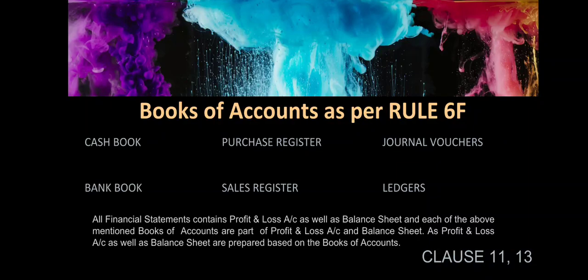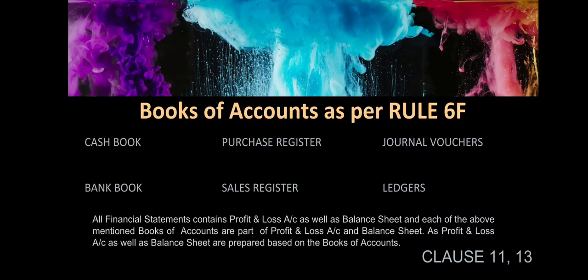In clause 11B, we need to list all those books of account maintained along with the address where they are kept. And in clause 11C, we need to enter what we have examined as an auditor.